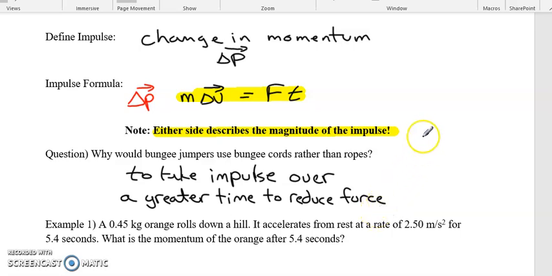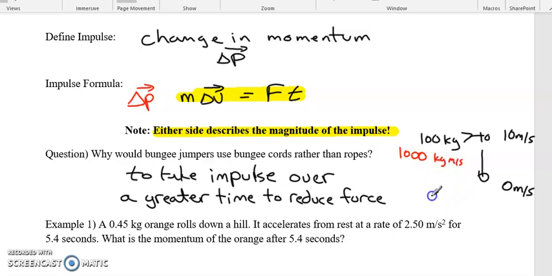So, for example, if we've got a 100 kilogram person going down at 10 meters per second, but eventually wanting to come to an end at 0 meters per second. They're going down and slowing down and eventually reaching there. The change in momentum: going 100 times 10 starts at 1,000, right? So this would be 1,000 kilogram meters per second going to 0 kilogram meters per second, right?